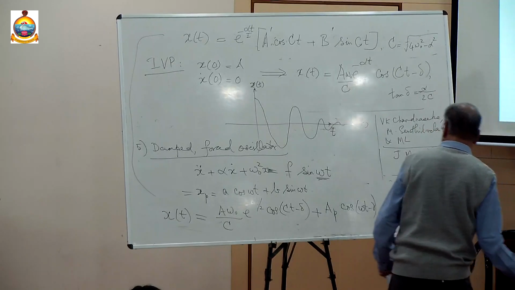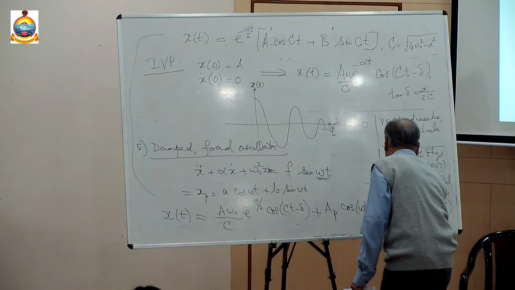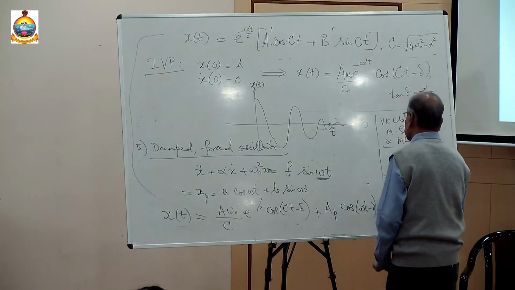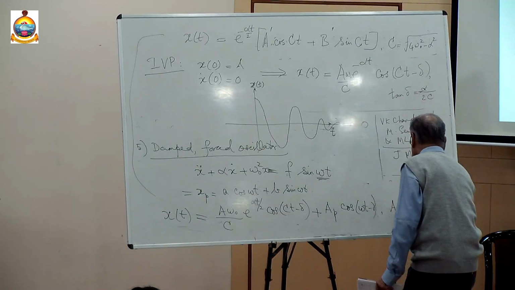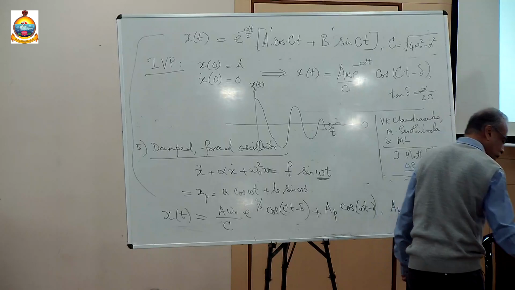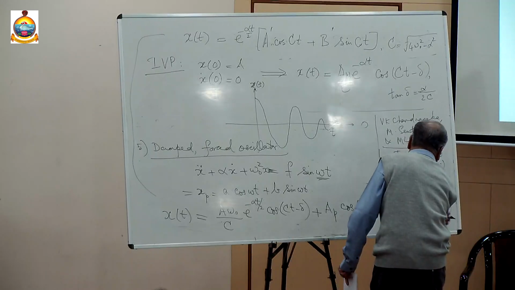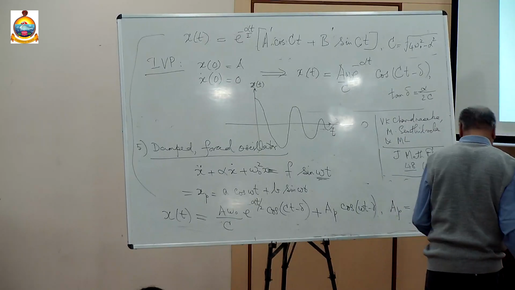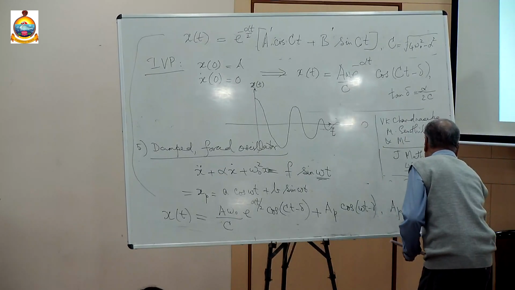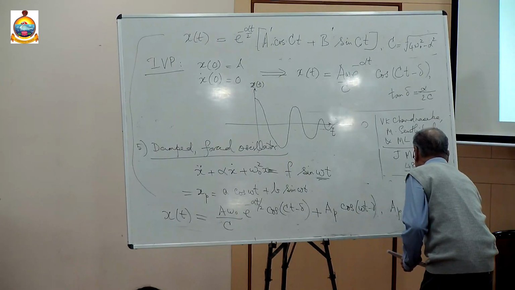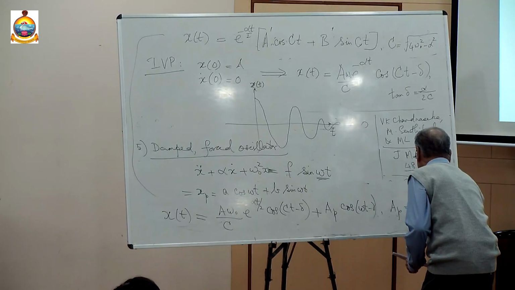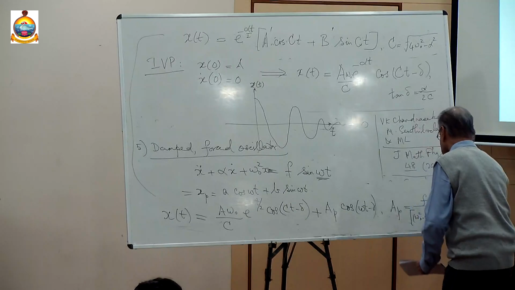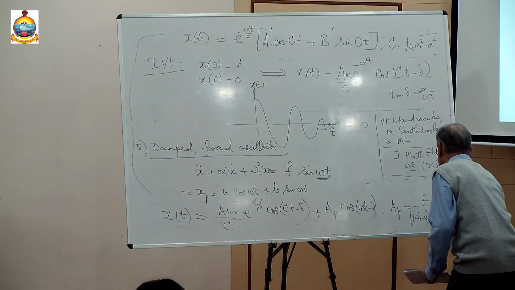Okay. And this AP has a specific form, AP equal to the external forcing strength F divided by, anybody familiar with this, the square root of omega naught square minus omega square, whole square, plus alpha square omega square.